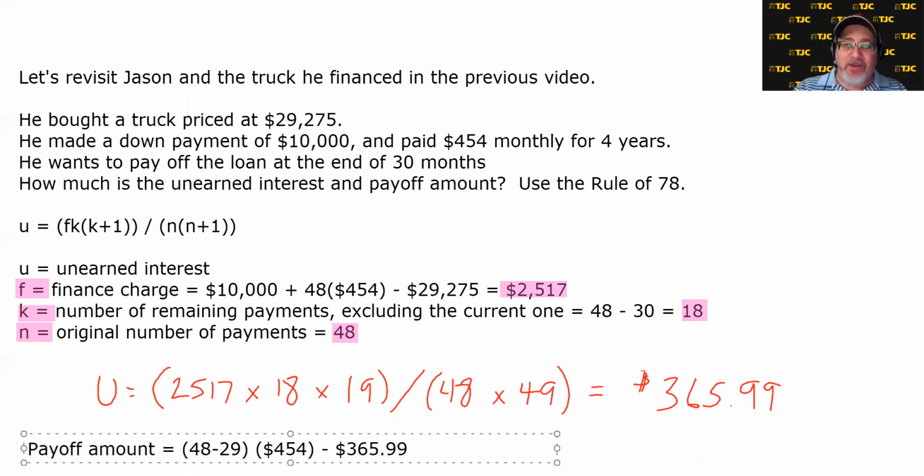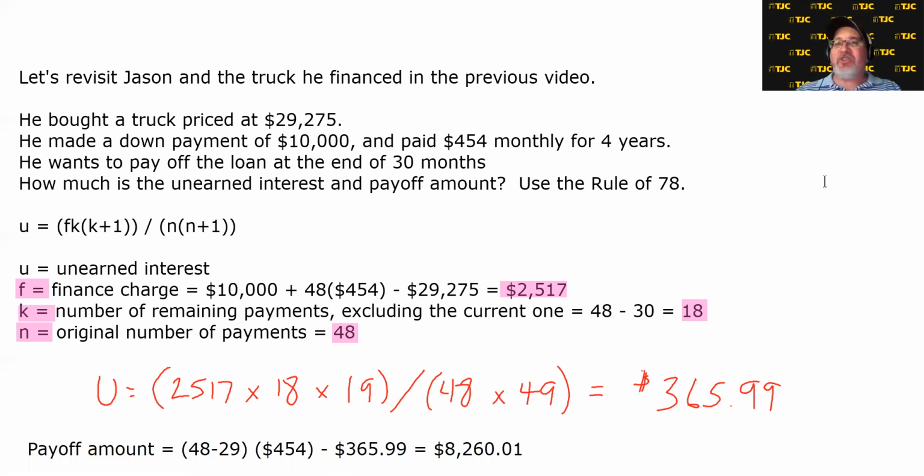We don't owe that because we're not borrowing the money over those last 19 payments that we haven't paid off yet. So 48 minus 29, let's figure that out first. That's 19, so there's 19 payments we haven't made yet, including the 30th, times 454, and then subtract the $365.99 that we don't owe anymore. Our payoff amount is $8,260.01.